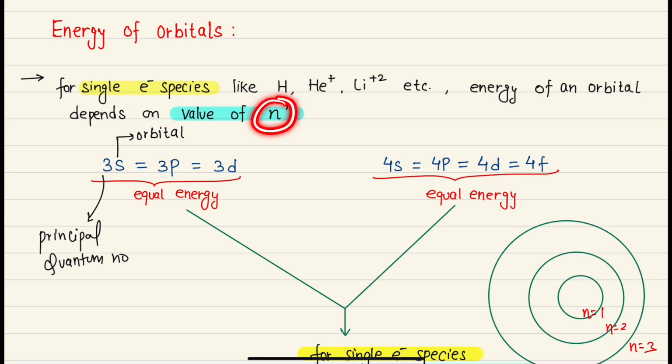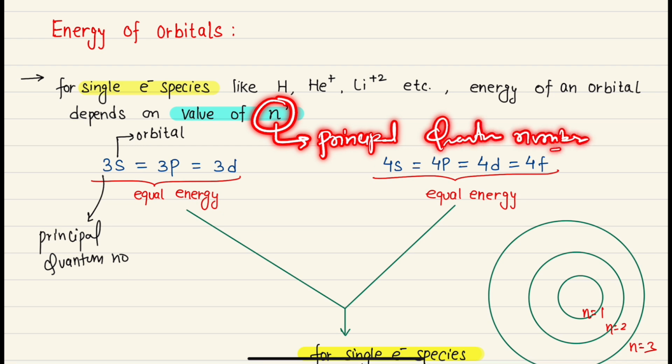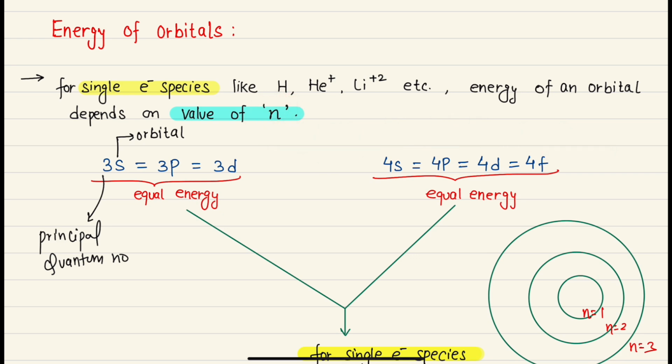This n means the principal quantum number. This is very, very important. So for single electron species, the energy of an orbital depends only on the value of n.